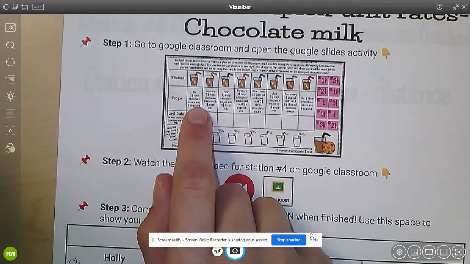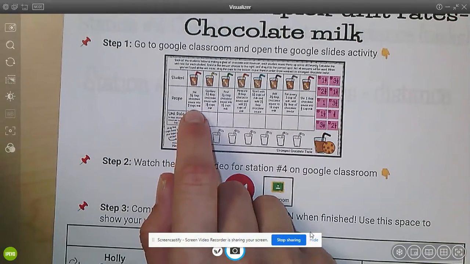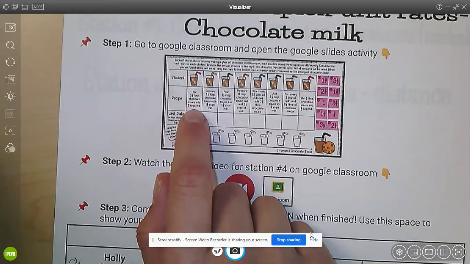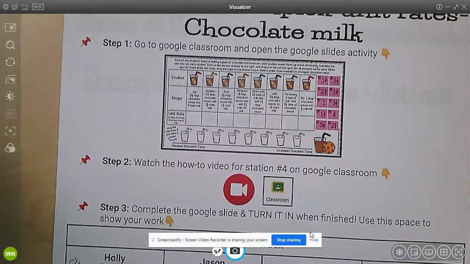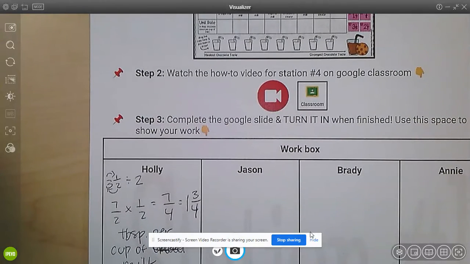Now, her recipe calls for 3.5 tablespoons of chocolate sauce to 2 cups of milk. When we are finding the unit rate, we want to know how much chocolate sauce per 1 cup of milk for each of them. You're trying to figure out chocolate sauce per 1 cup of milk. So you will take the amount of chocolate sauce given.